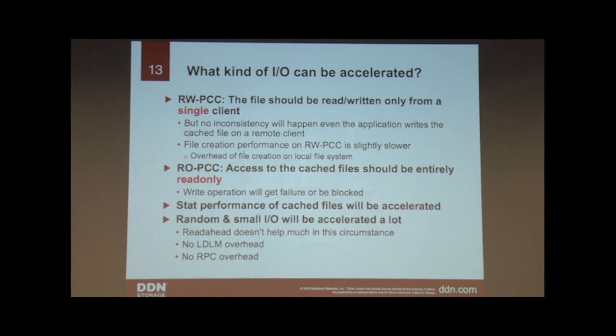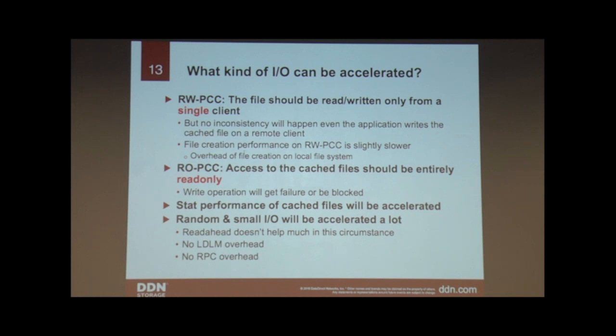So as we have said, PCC is not able to accelerate all of the I/O patterns. So what kind of I/Os can PCC accelerate? For the read-write PCC, the limitation is that you can only cache the file on a single client. That means the file should not be accessed by multiple clients.